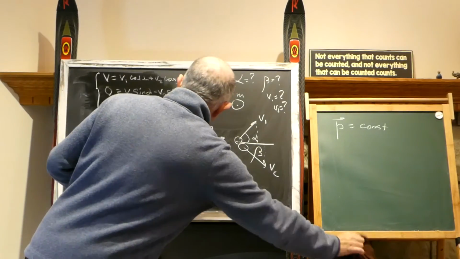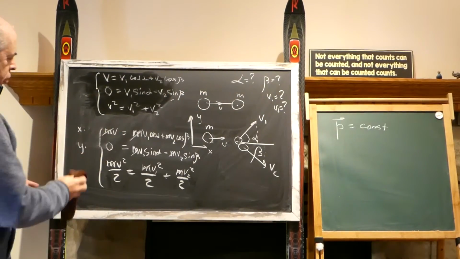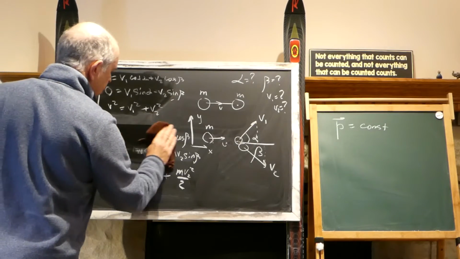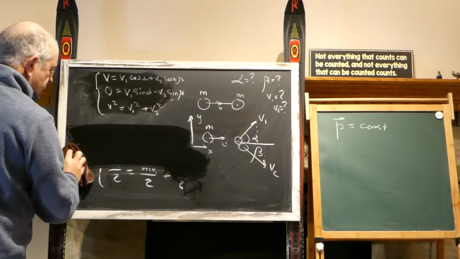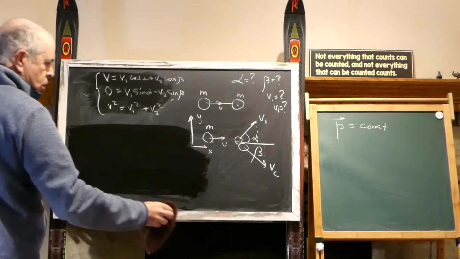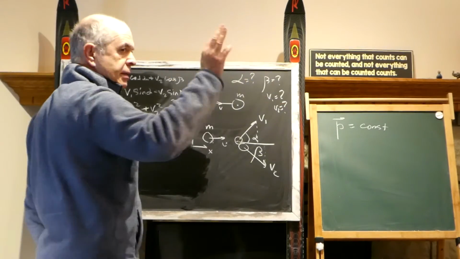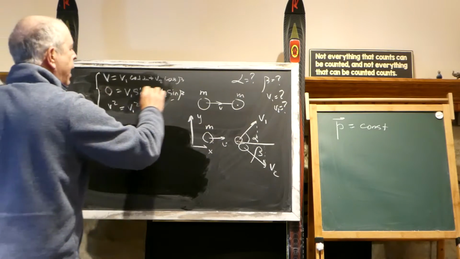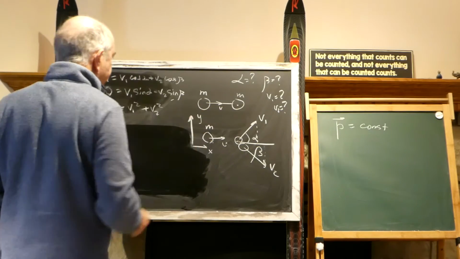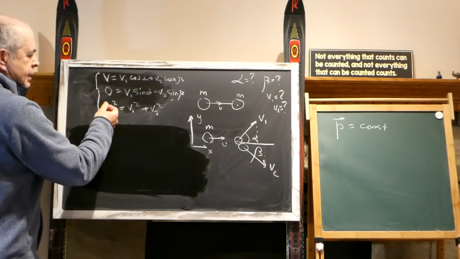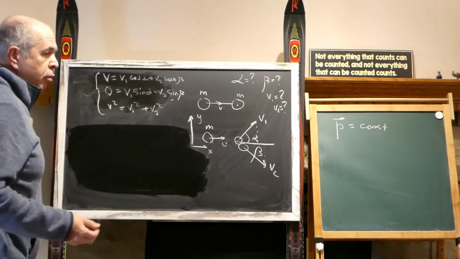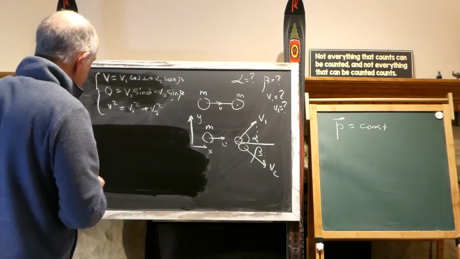And this is basically the same as what is here, so let me wipe it out. So again, this is the x component of the law of conservation of momentum, this is the y component of the law of conservation of momentum, and this is the law of conservation of energy, in this case kinetic energy only.